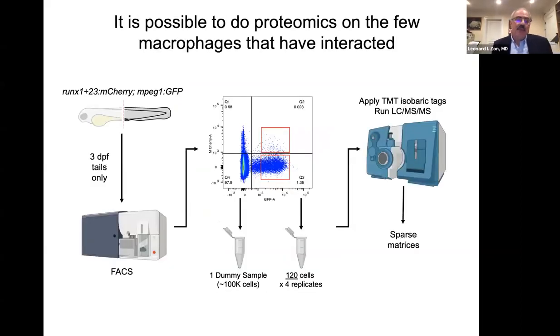So we were able to collaborate with a laboratory over at Harvard that does proteomics on a very, very small number of cells. In this particular case, Sam actually cut off the tails of the fish because the niche is over here, and then deposited 120 RUNX1 positive cells, these are the stem cells, or the macrophages, into these wells and did mass spec.